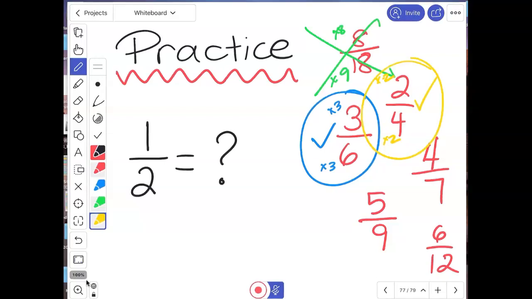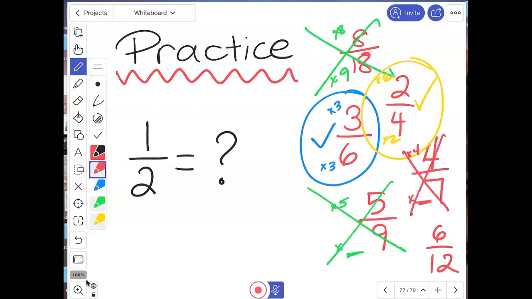Are these the same? Then yes, that's equivalent. Let's look at 5/9. 1 times 5 is 5. 2 times nothing is 9. So that's not right. Okay, let's do another one. Let's go over here. 1 times 4 is 4. 2 times nothing is 7.